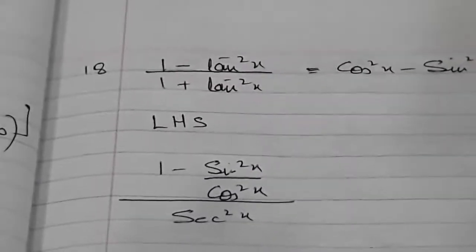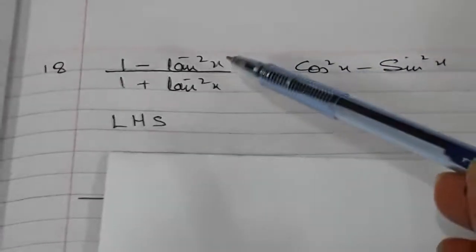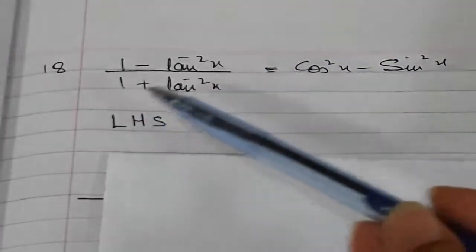Let's take question 18 now of the same exercise 11.1. Again I am taking the left hand side. Now in place of tan square x, I can write sine square x over cos square x here. And in place of 1 plus tan square x, I can write what?